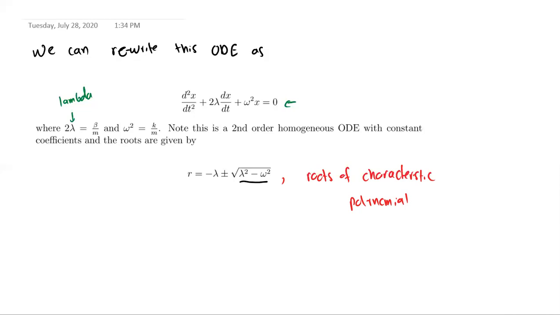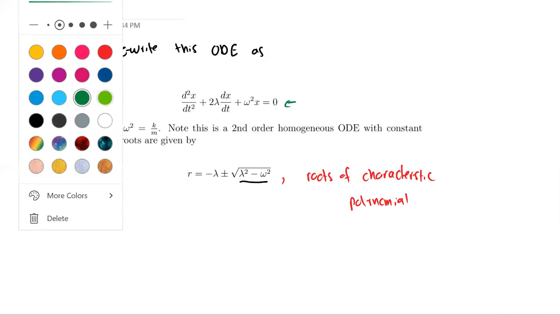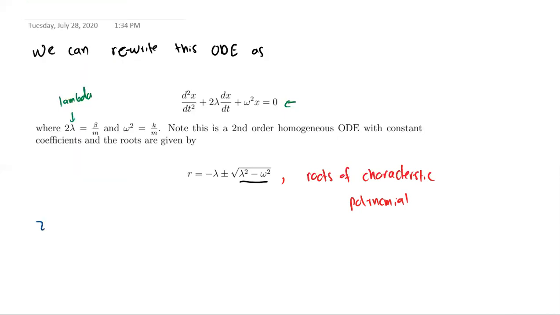And just so it's clear what these things are, you can just solve for lambda, right? Since 2 lambda equals beta over m, then lambda is beta over 2m. So lambda squared is equal to beta squared over 4m squared, if you want to think of it in terms of beta and m.